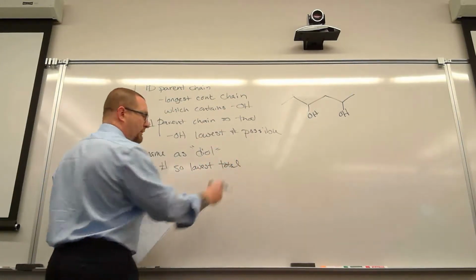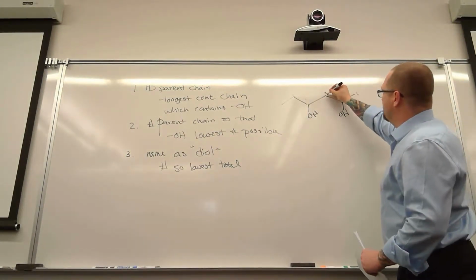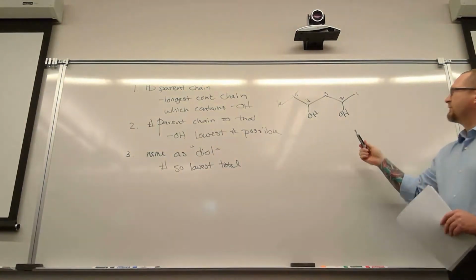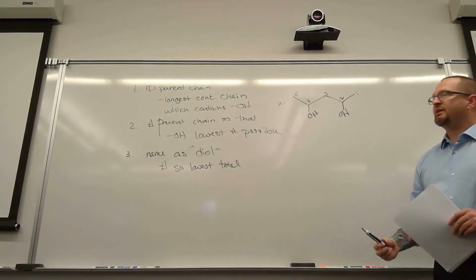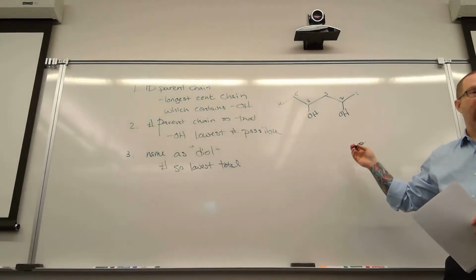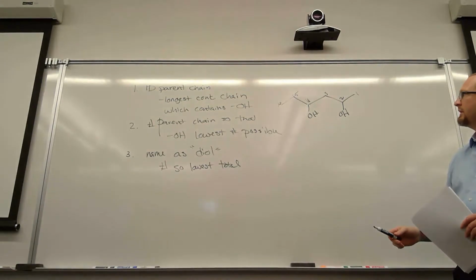In this case, we would number from this side 1, 2, 3, 4, 5, 6, so that 2 plus 4 is 6. If we numbered from the other direction, it would be 3 plus 5, which is 8. So because we're going this direction, we'll have the lowest possible value.